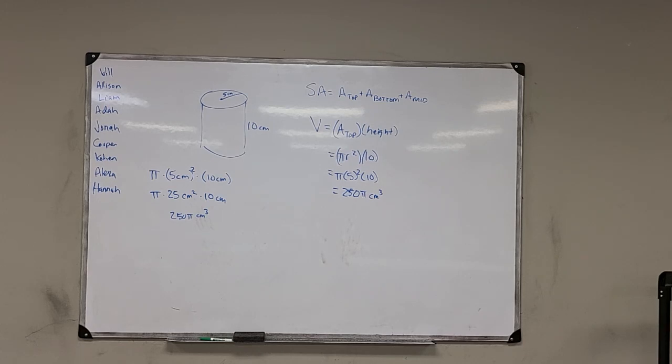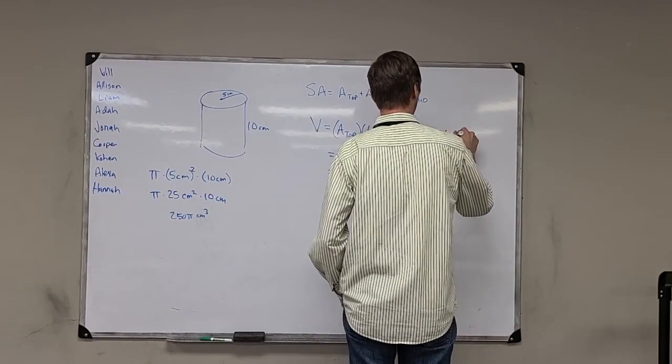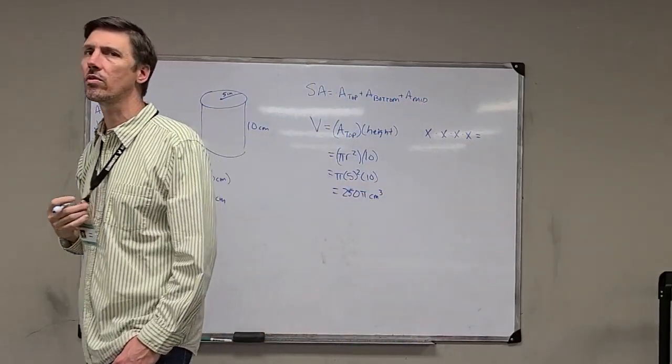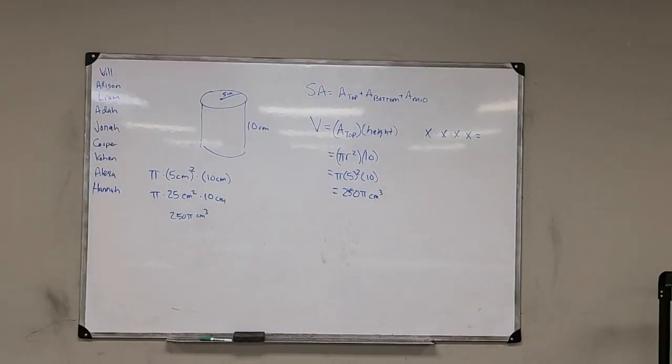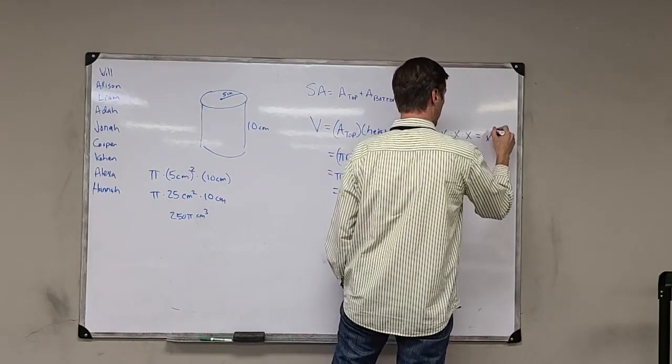Did we talk about that? Have we considered the fact that if I have x times x times x times x, this is kind of the reverse of what we said before when we were talking about powers. What's that going to be? So we have 4 x's, so it would just be x to the 4th, right?